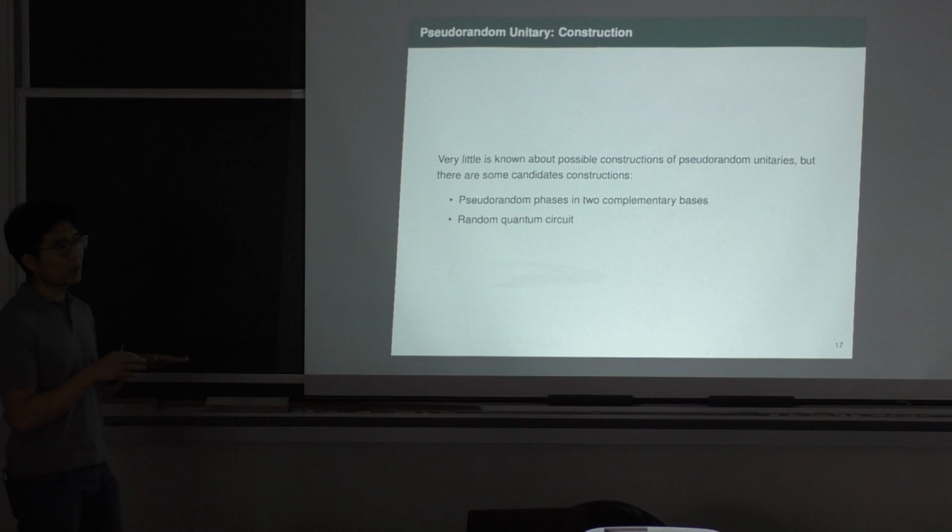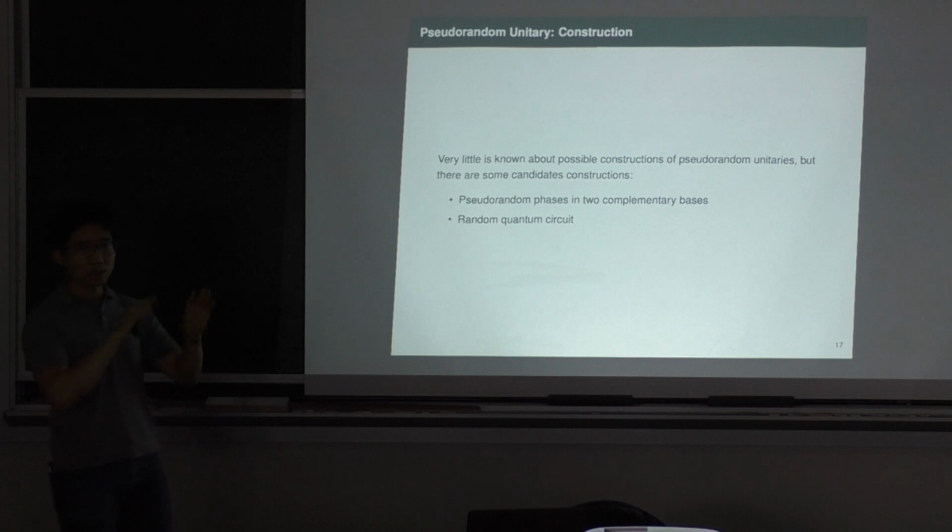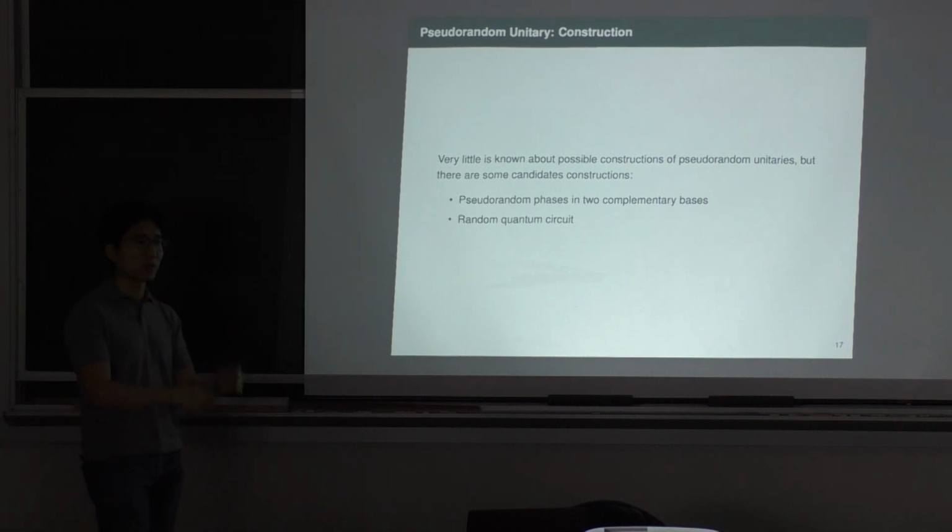Another plausible candidate is that maybe you apply a random quantum circuit and you trace out a small portion of the circuit, and it's possible to expect that the channel you get is very close to the channel produced by a Haar-random unitary, if you only allow polynomially complex operations. Again, this is not known.